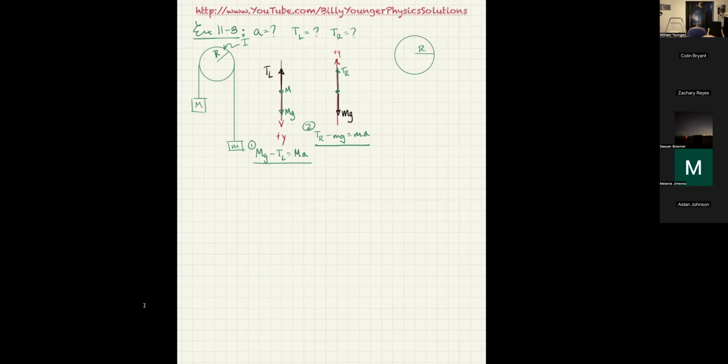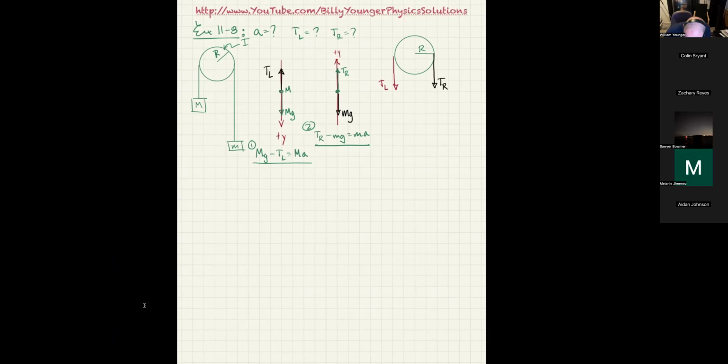So in this case, we're going to say TR is pointing in the negative direction. In other words, it's pointing in the direction that we consider a negative rotation. So that's the TR that way. And then on the other side, we have a force pulling in the quote unquote positive direction, and that's the TL.